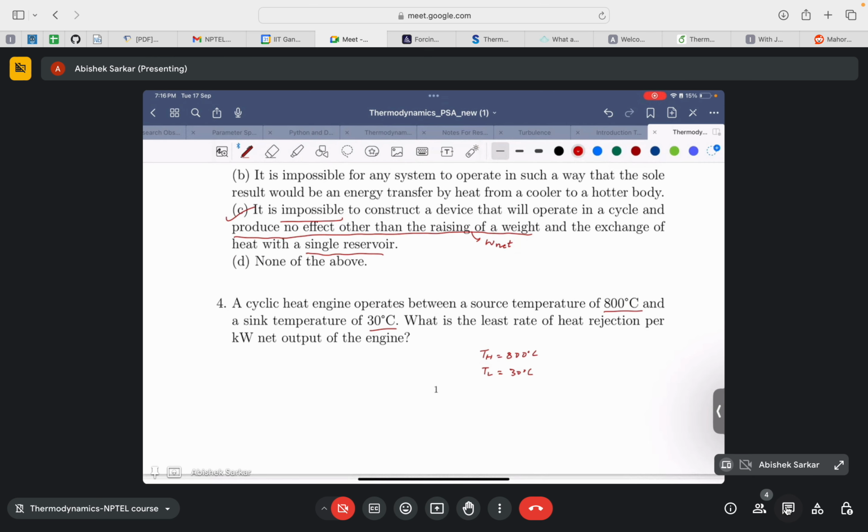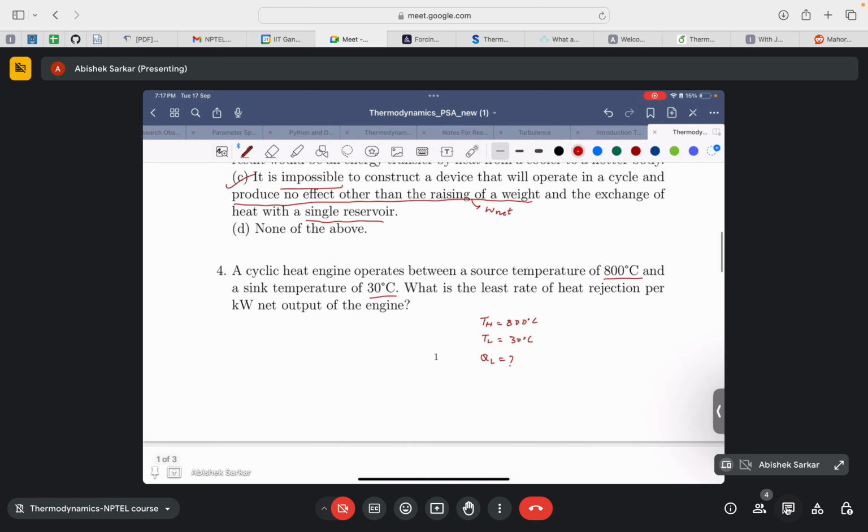What is the least rate of heat rejection per kilowatt of net output of the heat engine? So we need to find QL per kilowatt net output of the engine. So you are even told W net is 1 kilowatt.